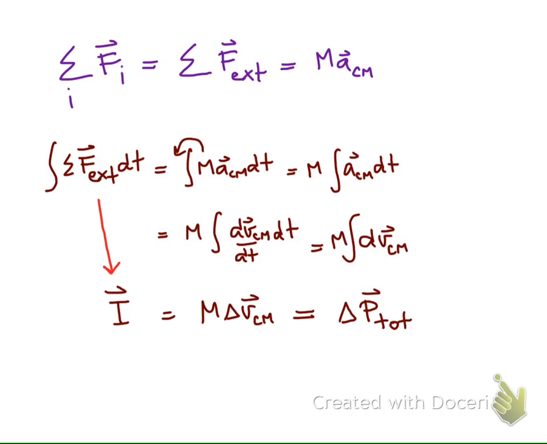So if we multiply the total mass by the change of the velocity of the center of mass, it equals the change of the total momentum. So again, we can call this the impulse momentum theorem.